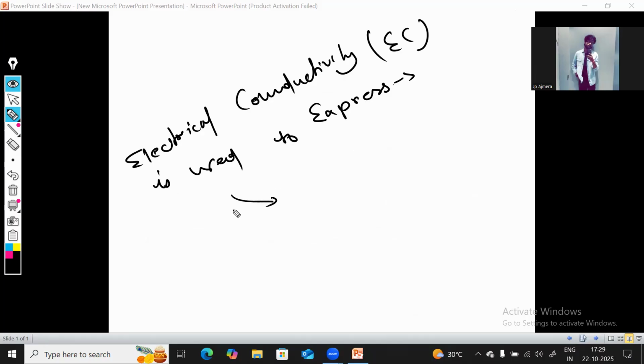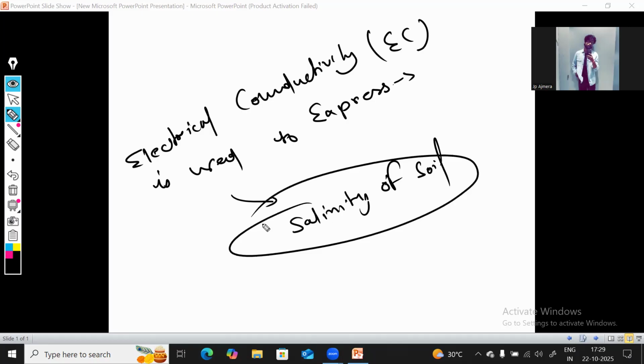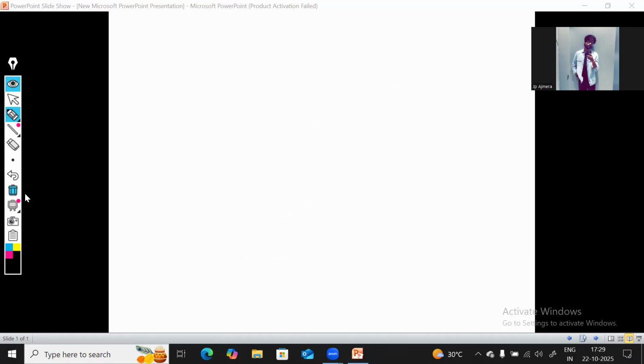The answer is the salinity of the soil. Salinity of soil is checked by electrical conductivity.